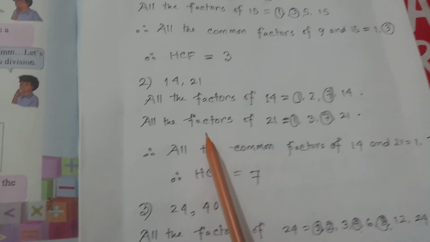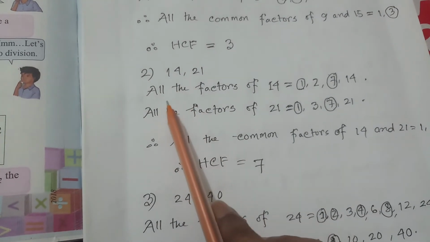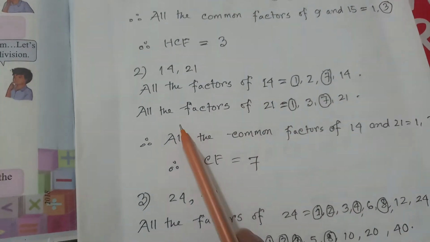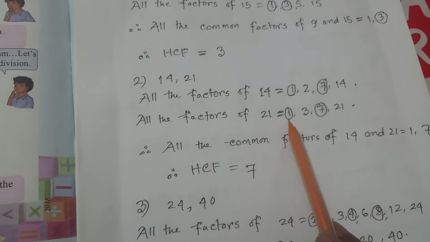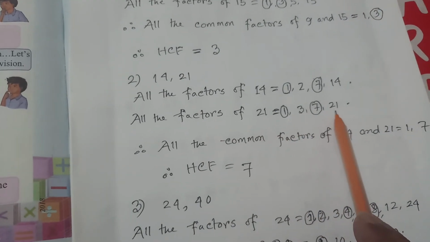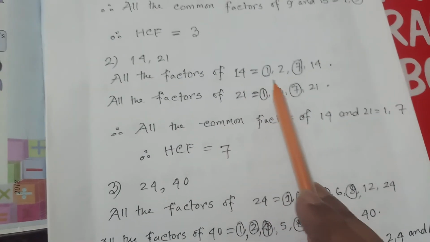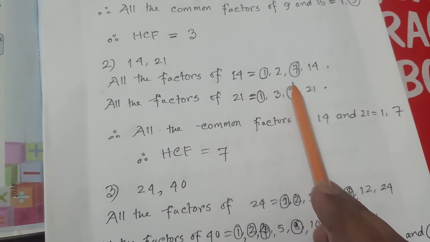Number 2: 14. All the factors of 14 are 1, 2, 7 and 14, and all the factors of 21 are 1, 3, 7 and 21. Between these two numbers, 1 and 7 are the two common factors.